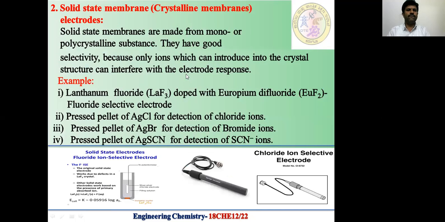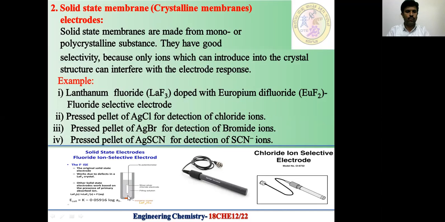The second type of ion selective electrode, that is solid state membrane or crystalline membrane electrodes. Solid state membranes are made from mono or polycrystalline substances.